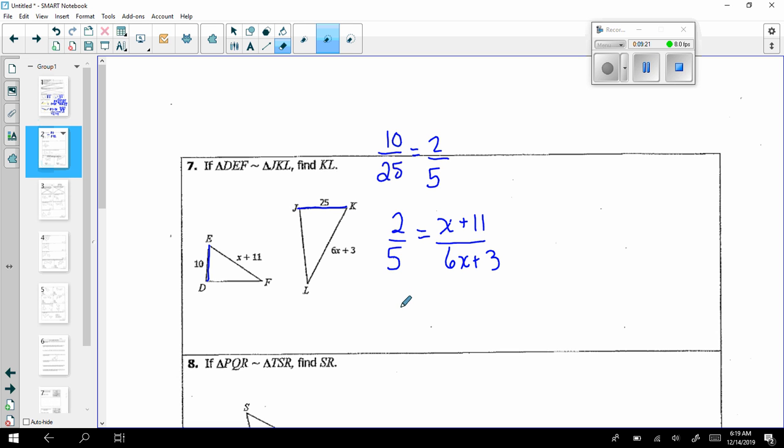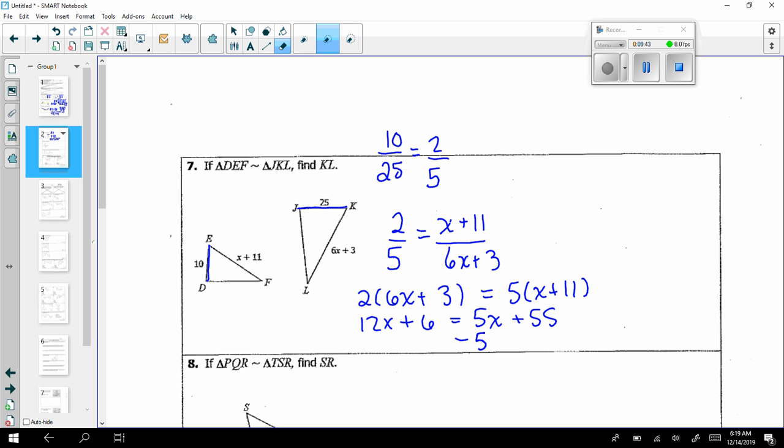And then I, once again, cross multiply. So I do 2 times 6x plus 3 equals 5 times x plus 11. So I have 12x plus 6 equals 5x plus 55. I bring the x to one side, right?